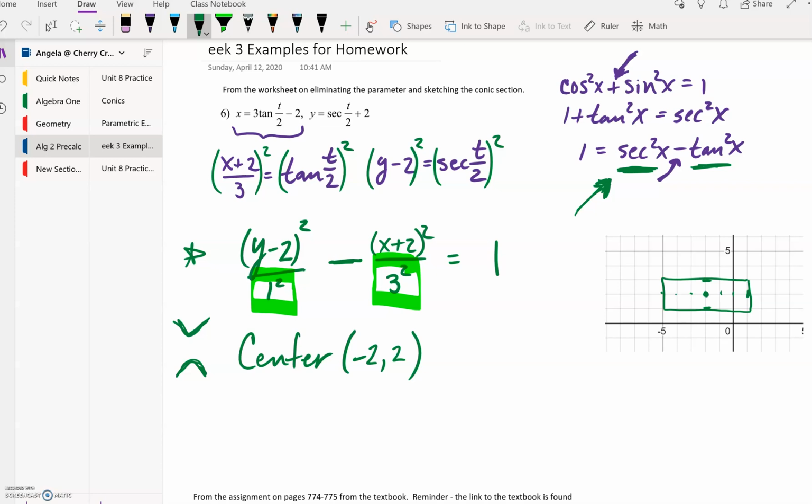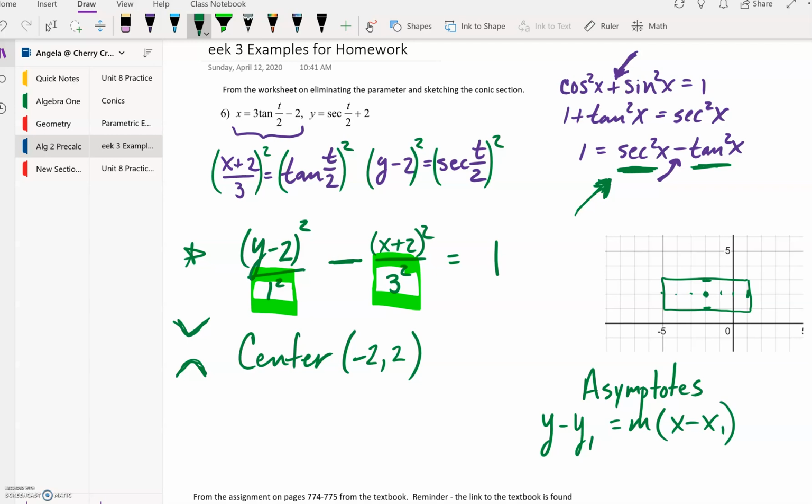So one of the things you're going to want to remember about writing the equations of your asymptotes is that you can use, remember, what is called the point slope form of the equation. So y minus y1 is equal to m times x minus x1. We'll see this again a little bit later in our next problem.